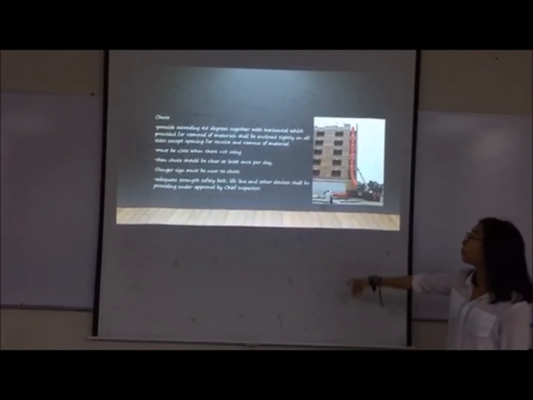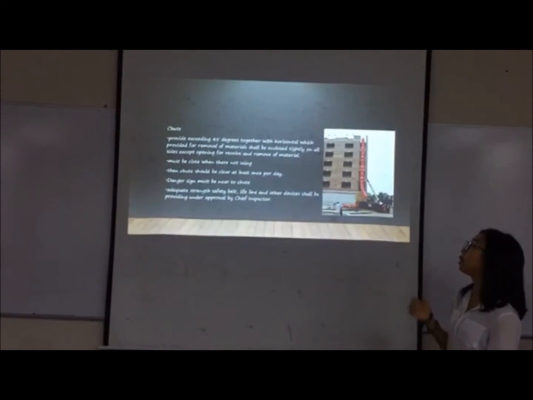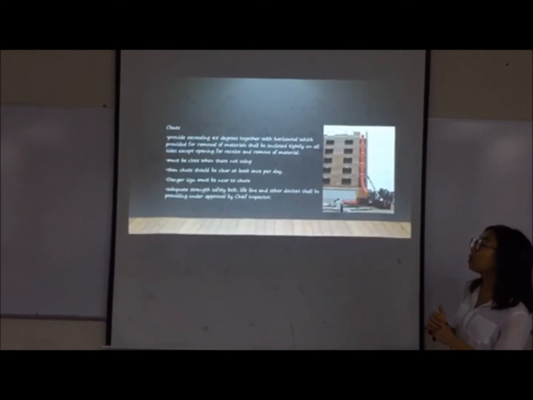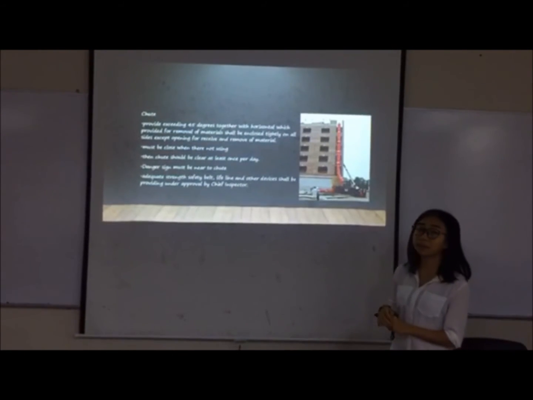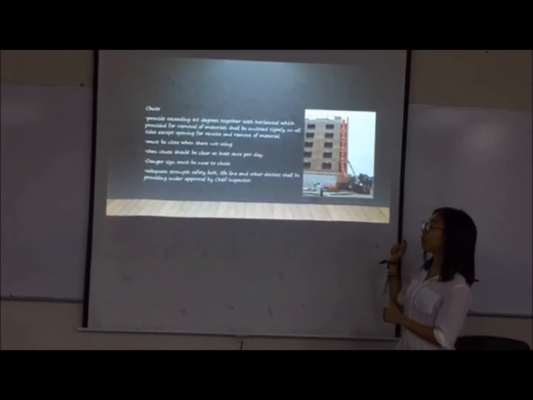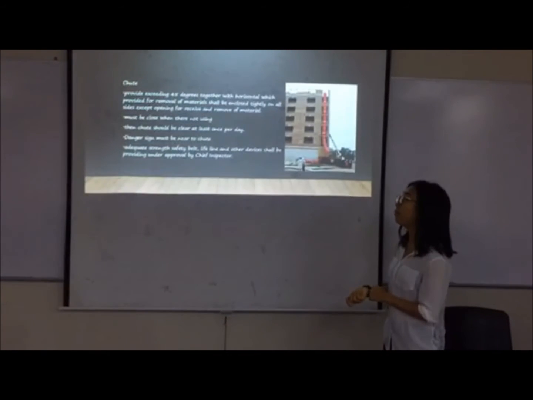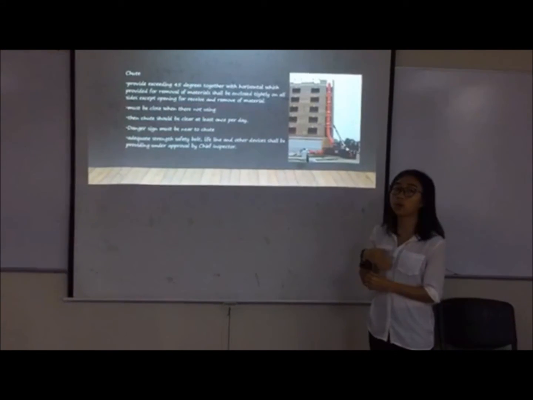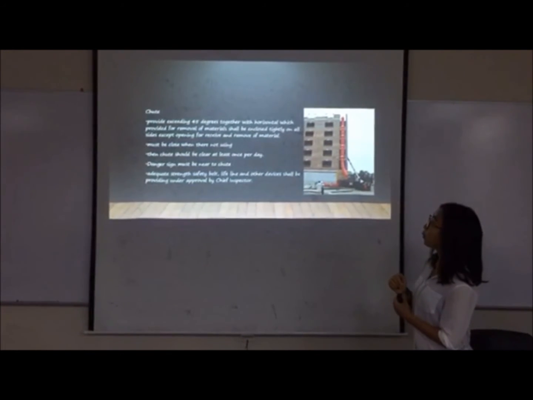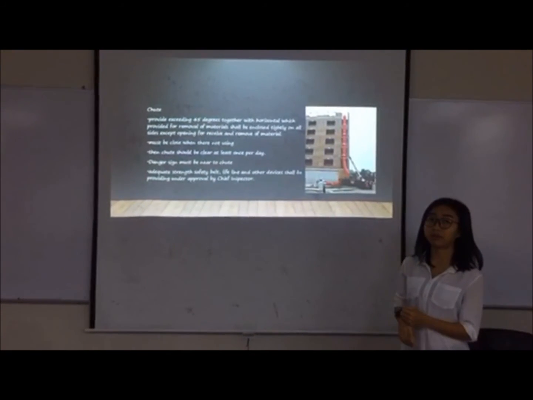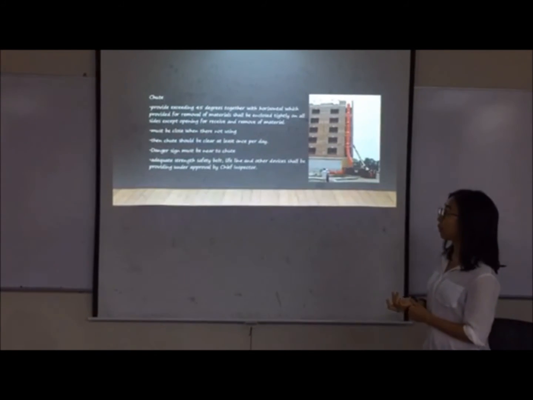And then the chutes. The chutes are provided at an angle exceeding 45 degrees with the horizontal, which is provided for removal of material. It must be closed if we don't use it. And then the danger sign must be near to the chute to warn the workers at the site, which will ensure safety.